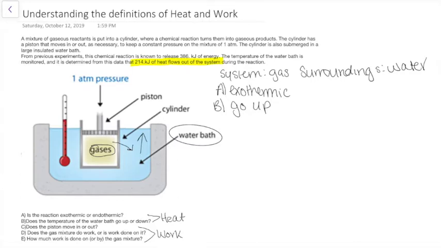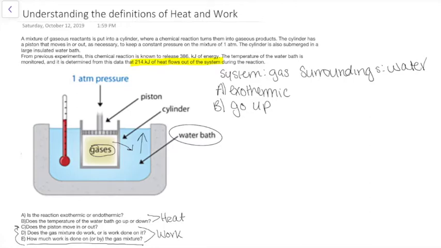All right, now let's look at our work problems. We're asked, does the piston move in or out? Does the gas mixture do work or is work done on it? And how much work is done? I would suggest answering E first, because then we can answer these other two problems after we find how much work has been done.